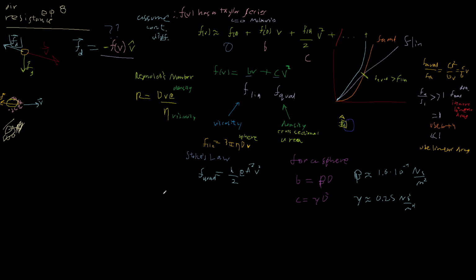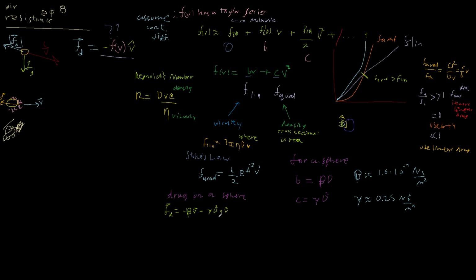So for a sphere, or better yet, linear drag, I messed that up. Drag on a sphere is going to be F of D is equal to negative beta d v minus gamma d squared v times v hat.